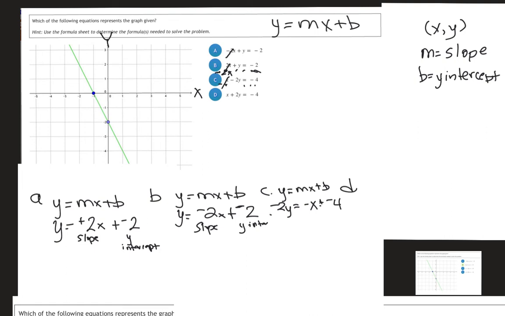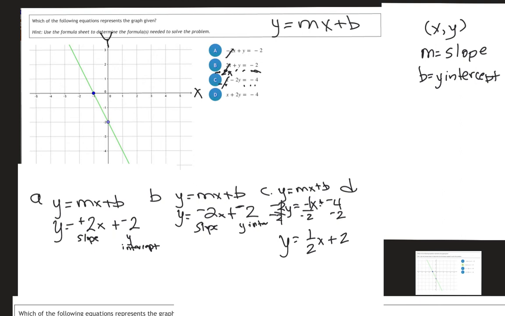Now I have to divide through by negative 2 because my formula calls for the y to be alone. There's an understood 1 in front of the x because how many x's are there? 1x. When you divide two negative numbers, negative 4 and negative 2, your answer will be positive.